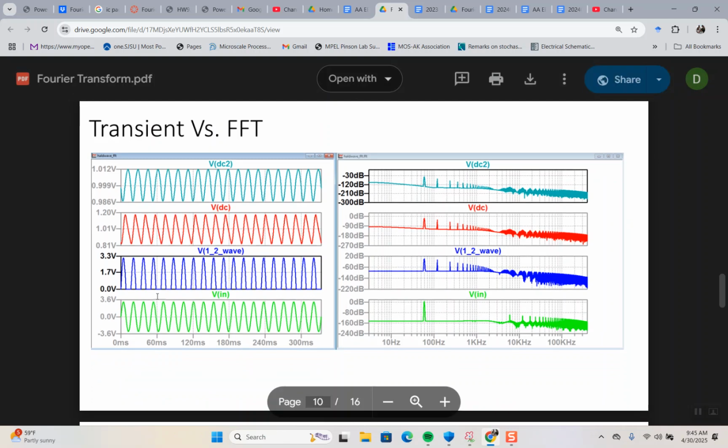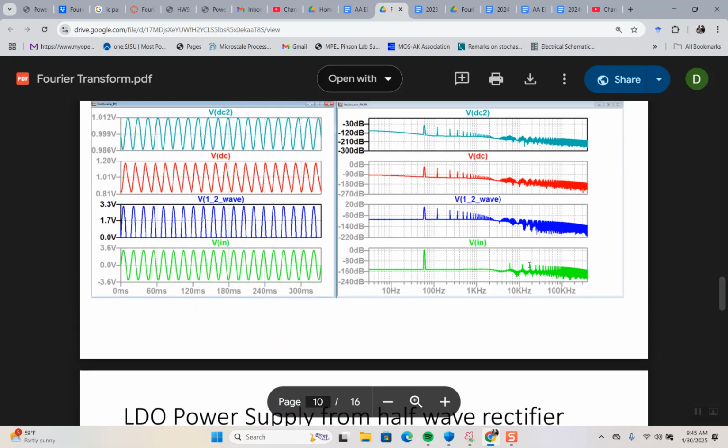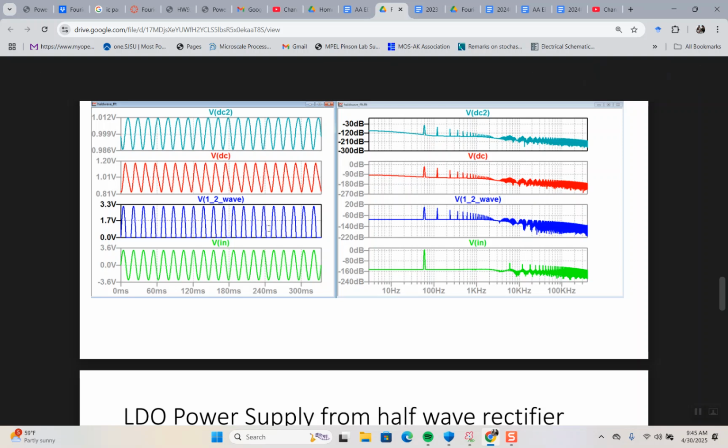Then I convert it again with code. You can see the code that I use. If this is greater than 0, set it to Vn. If it's less than 0, set it to 0. All right, so here is my half wave rectifier.